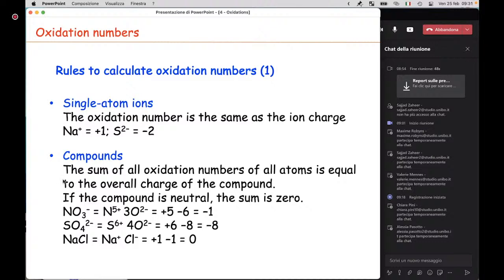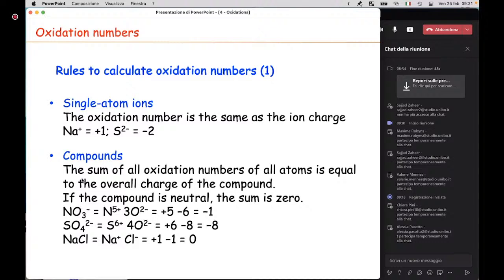If we have compounds, ionic or not ionic, we have to calculate oxidation numbers so that the sum of all oxidation numbers is equal to the charge, or to 0 if there's no charge, of the total compound.